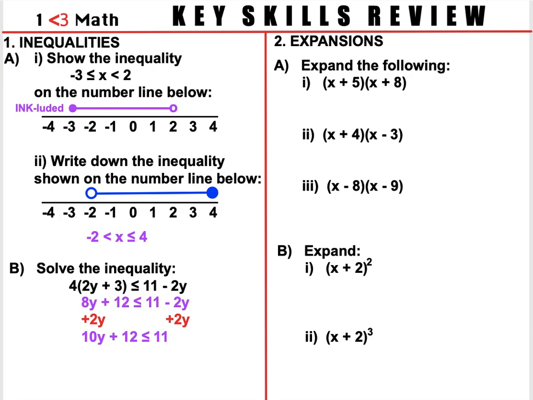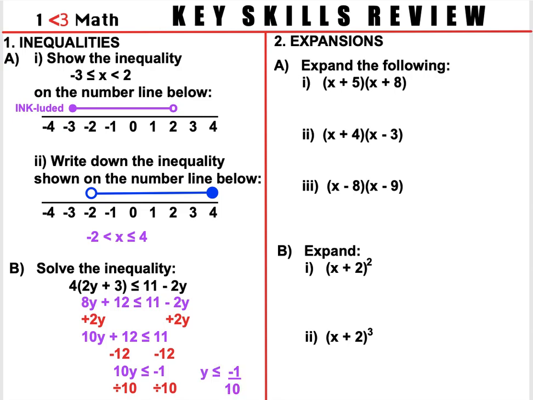Now I need to get the y on its own. So the first thing I'm going to do is subtract 12 from both sides. That leaves me with 10y is less than or equal to minus 1. Now obviously at this point I need 1y. I don't write 1y because it's not polite, I'm just going to write y. What I need to do now is divide both sides by 10.